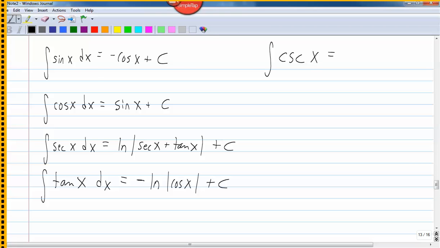The integral of cosecant is equal to negative natural log, absolute value of cosecant x plus cotangent x, plus c.